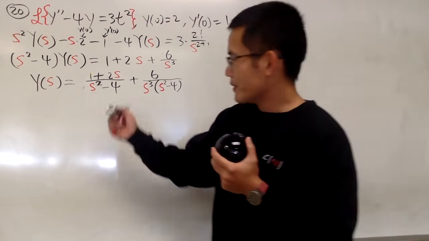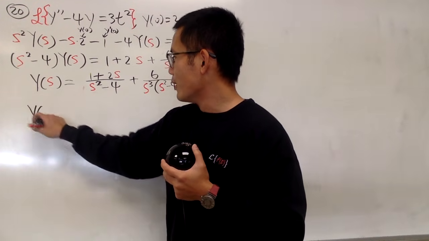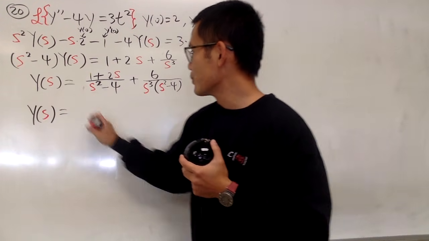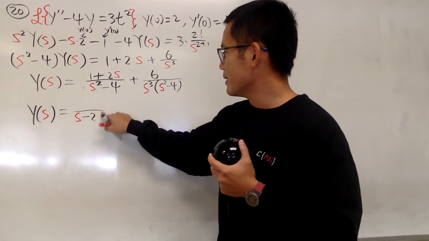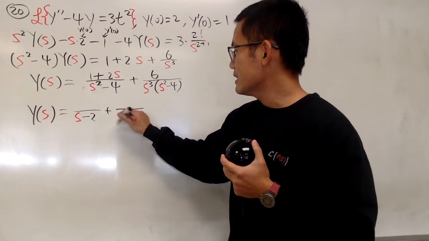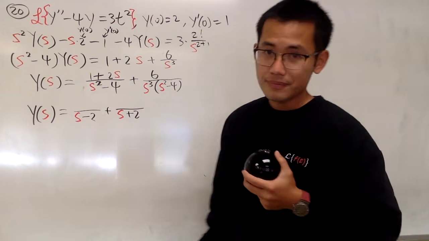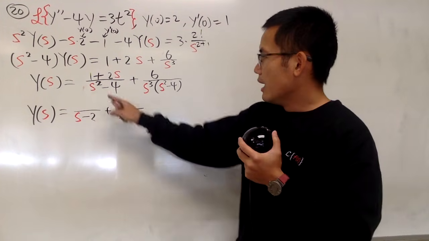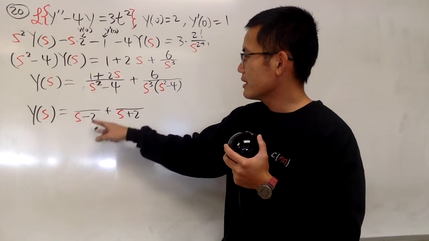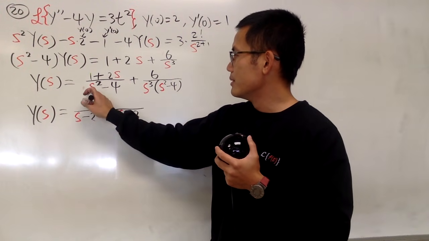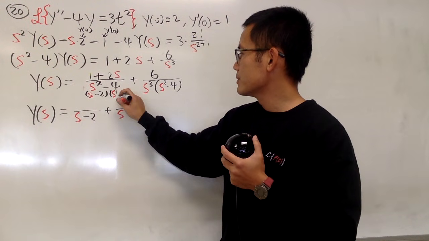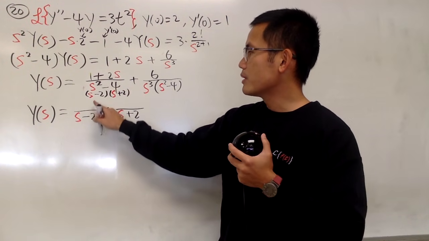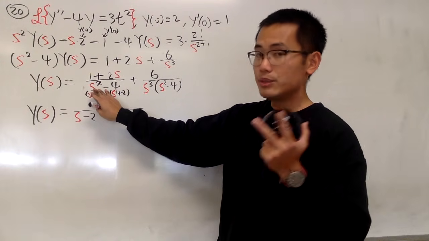All right, let's see. This partial fraction we're going to do in our head. Y of s is equal to the following. This right here, I need to have s minus 2, and then s plus 2. Now, check this out. Let me just write it down, s minus 2, s plus 2. To get this number, you have to cover up and let s equal 2, yeah?